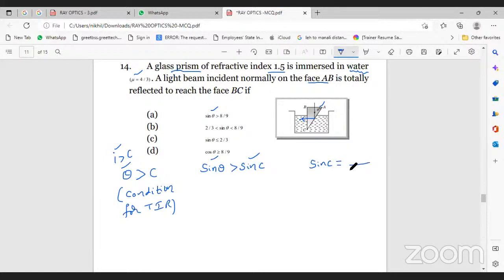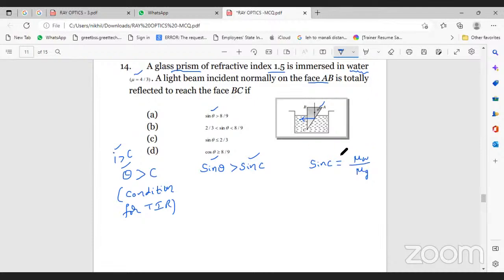It is the ratio of the refractive indices, right? Yes, sir. Now, the numerator should be the rarer medium, that is the refractive index of water. The denominator should be the denser medium, that is glass. Sin C ratio should always be less than 1, right?